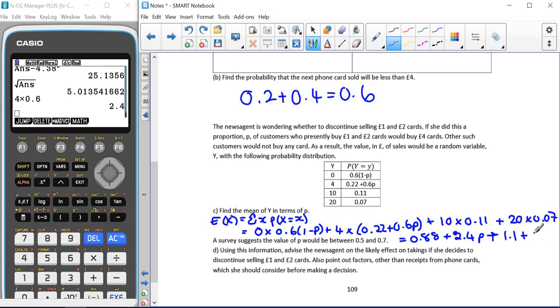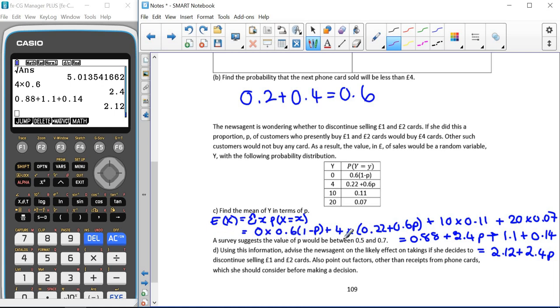Plus 20 times 0.07, which gives us 1.4. So when we put it all together, that gives us 0.88 plus 1.1 plus 1.4, so 2.12 plus 2.4P.